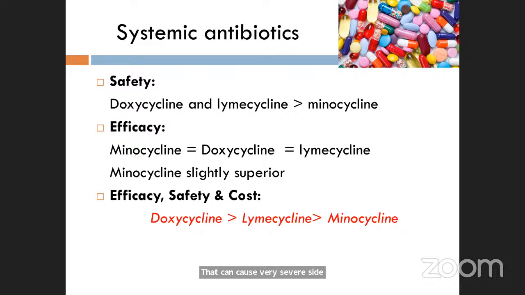It can cause lupus-like syndrome. It can cause autoimmune hepatitis. It can cause drug hypersensitivity syndrome. And it can even cause bluish black pigmentation on acne scars and on your shin, which is quite irreversible. So even with its efficacy, the side effects are so horrible that you can't justify choosing minocycline when doxycycline and lymecycline can do the job.